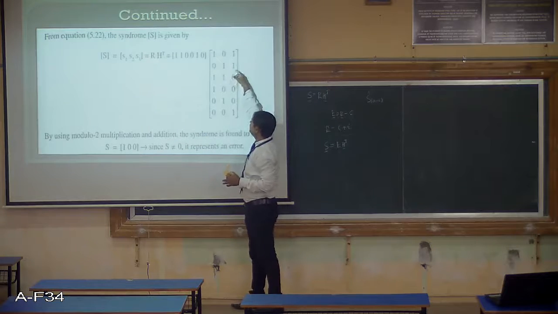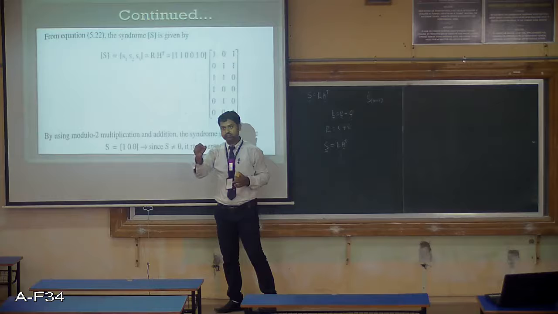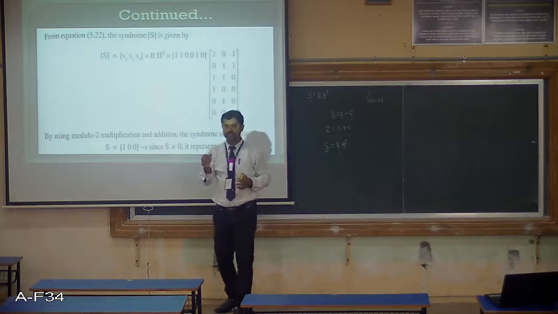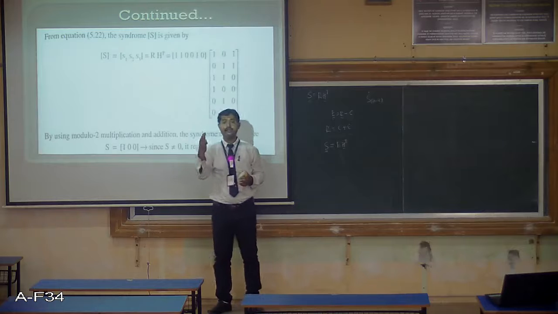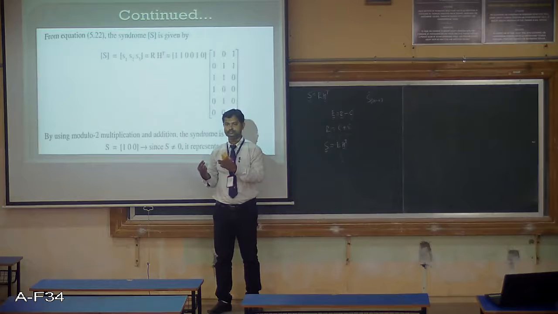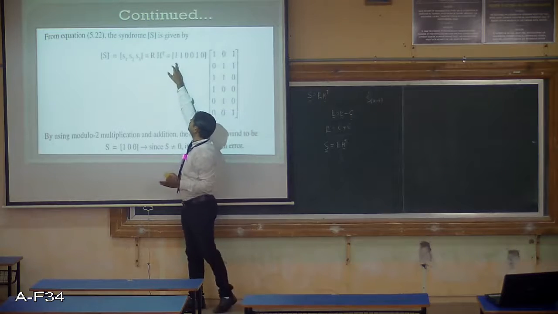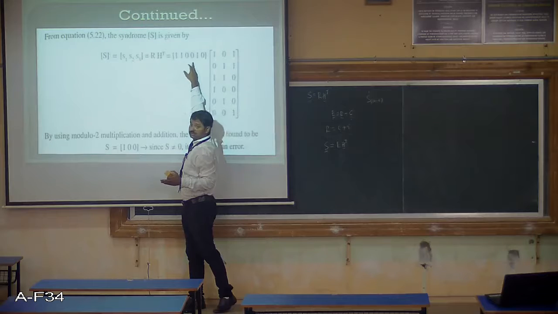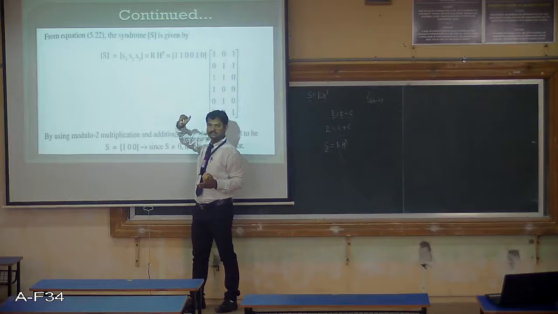The row number is first, second, third, fourth. It means in the fourth row the syndrome pattern is present. That tells you that there is an error in the fourth bit of the received sequence from left. You need to count from left. The fourth position has an error. It means first, second, third, fourth, it is 0. If it is an error, it should be 1.